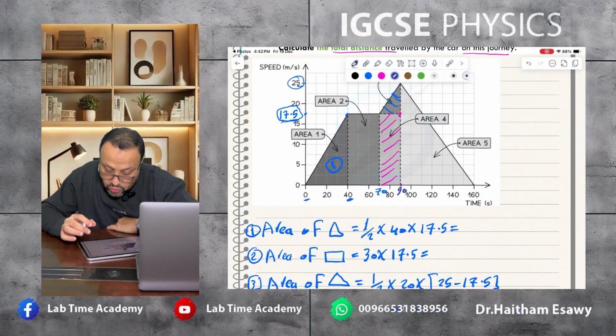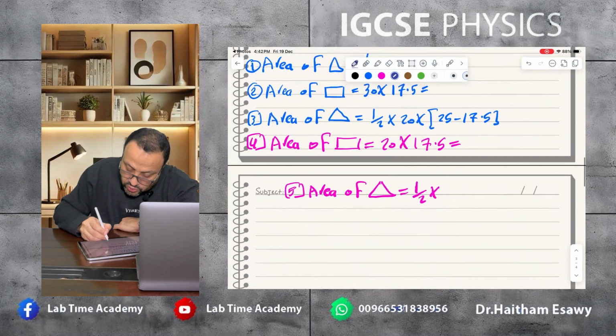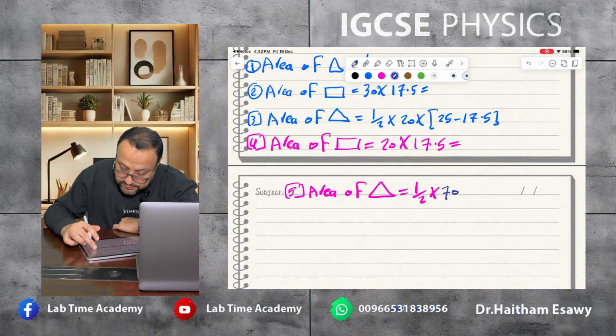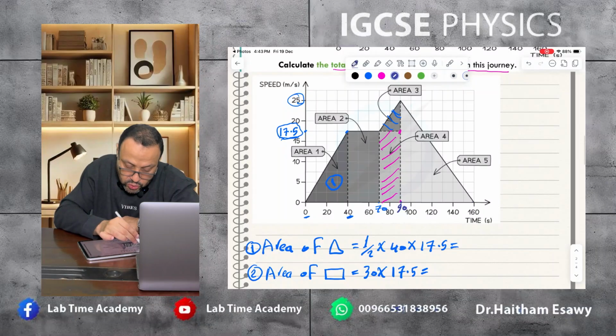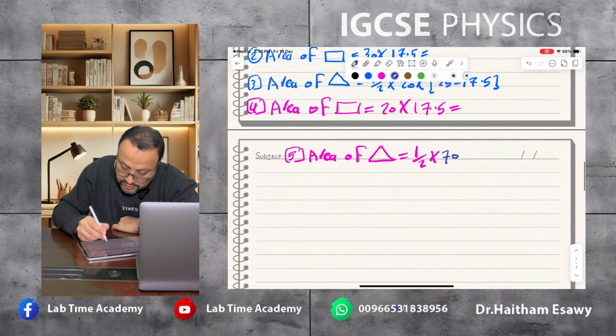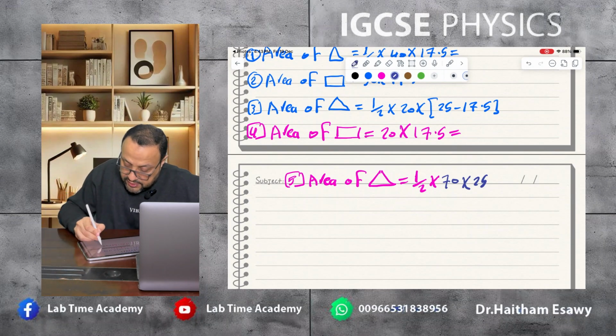So you have to subtract 160 minus 90. It will be 70. So we have 70 times the height, which is 25. So half times 70 times 25.